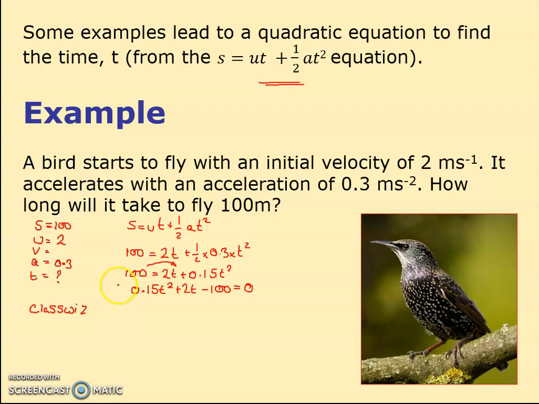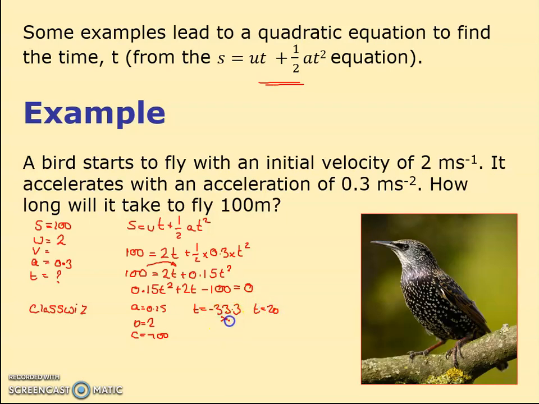So a is equal to 0.15, b is equal to 2, and c is equal to negative 100. And if you ask it what the solutions are, what do you get? I get, well, it says x, but my x1, or therefore my t values, are negative 33.3 and t equals 20.